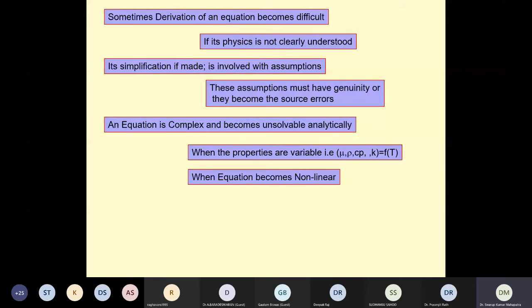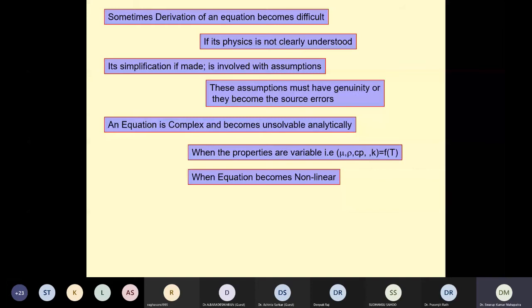With varying properties, the equations become very cumbersome and difficult.